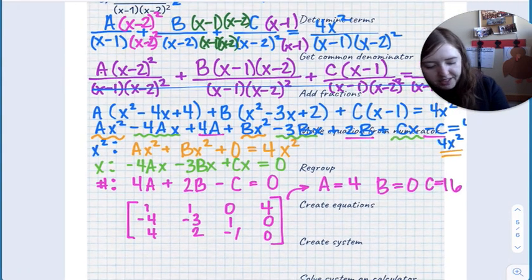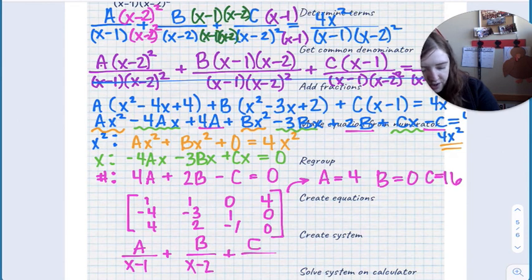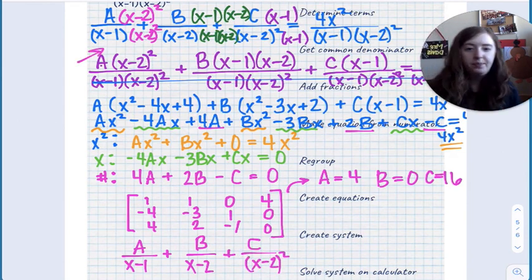So back up on top, earlier, remember we started with A over x minus 1 plus B over x minus 2 plus C over x minus 2 squared. That's what we had in this step right here.